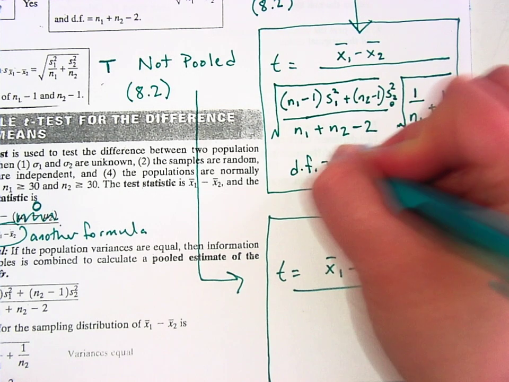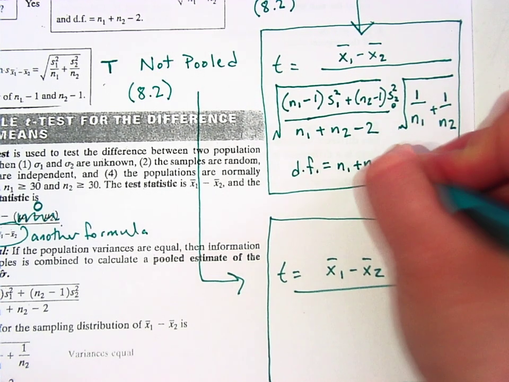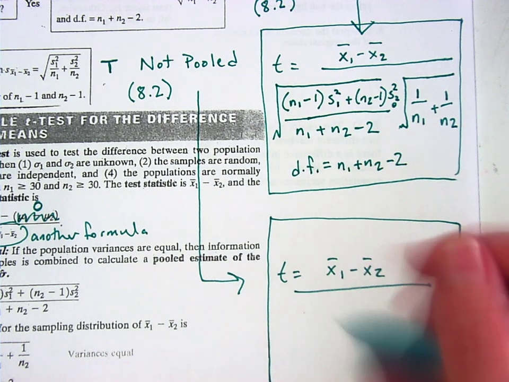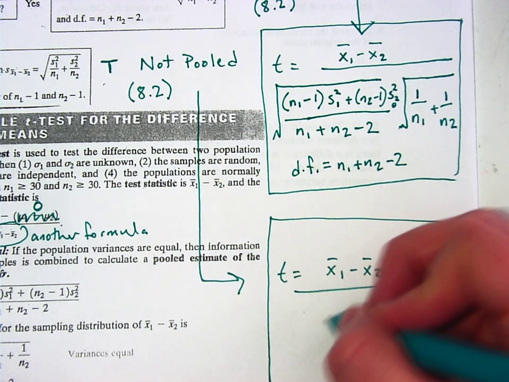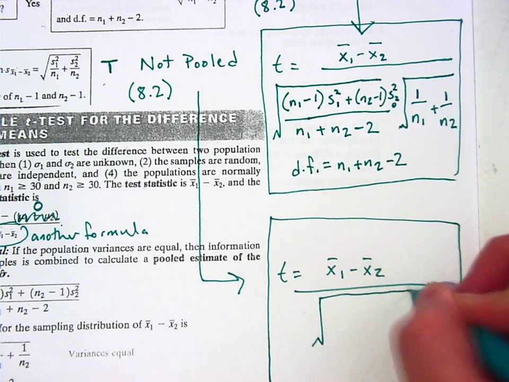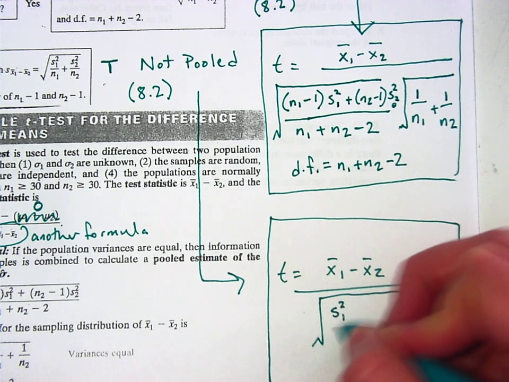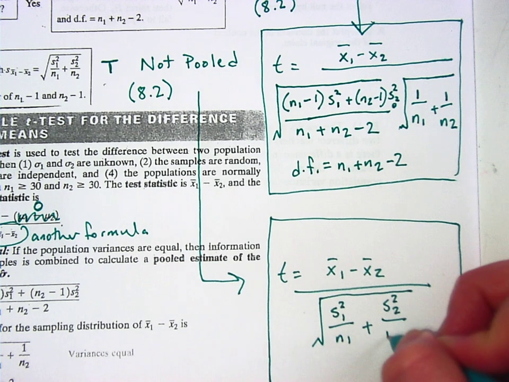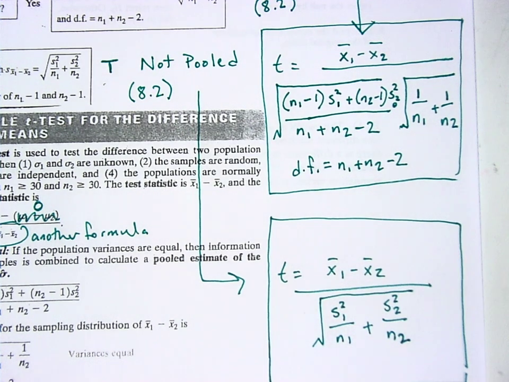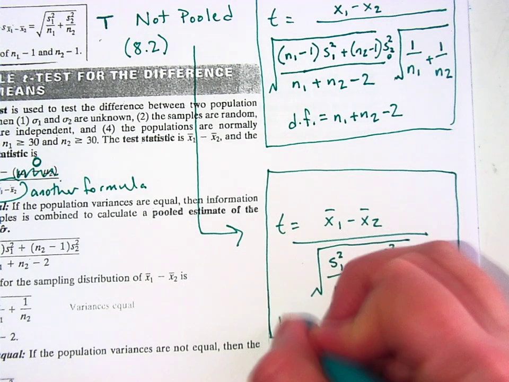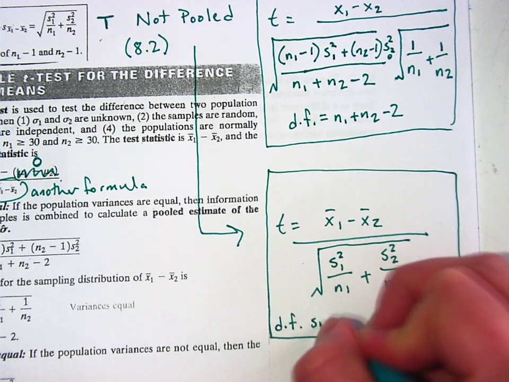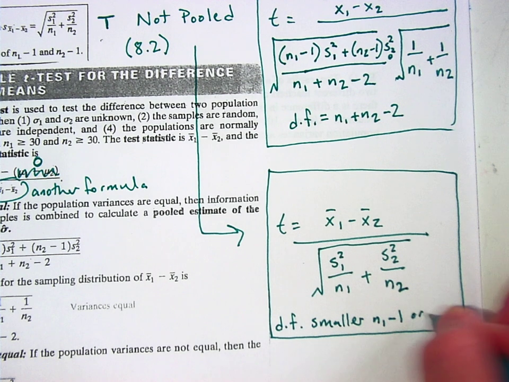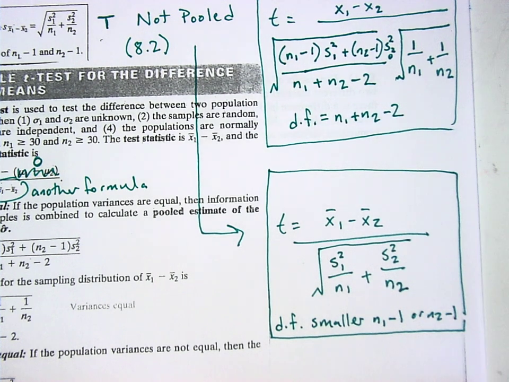The degree of freedom is equal to n sub 1 plus n sub 2 minus 2. And over here, this one's a little easier. The bottom is simply square root of s squared 1 over n1 plus s squared 2 over n2. Now, hopefully you don't have any problem. Oh, and the degree of freedom is whichever one's smaller. It's either n sub 1 minus 1 or n sub 2 minus 1.